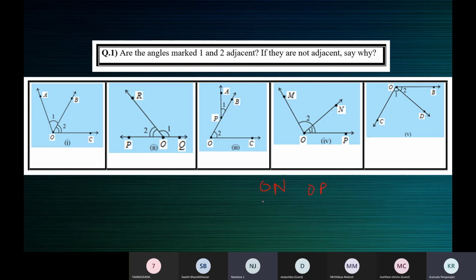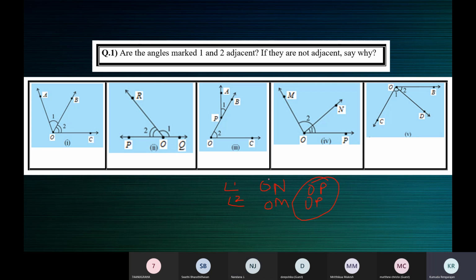For angle 2, the arms are OM and again OP. So this is the common arm, the arm common to both the angles. Yes, so the common vertex is O, the common arm is OP.